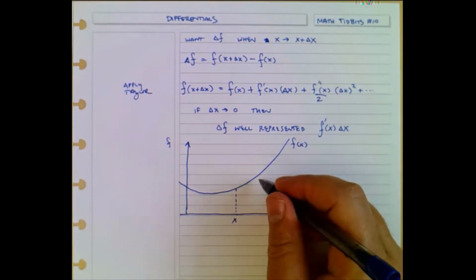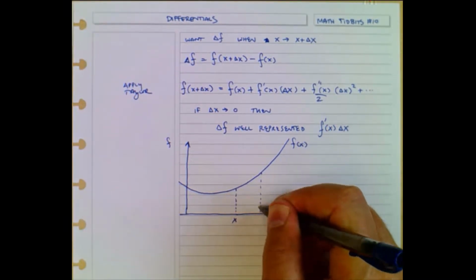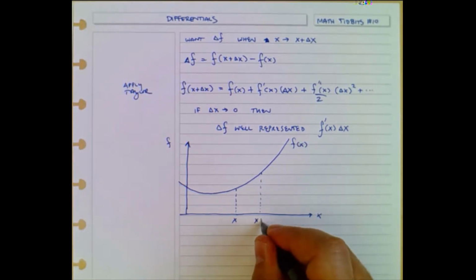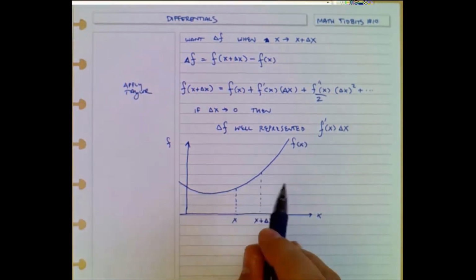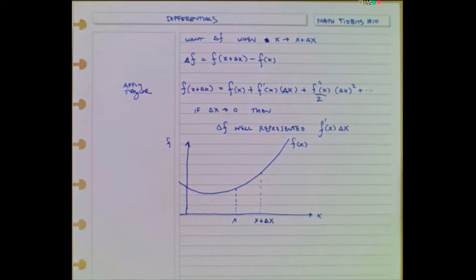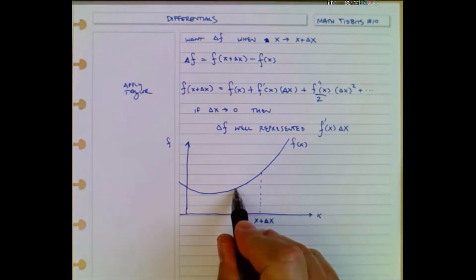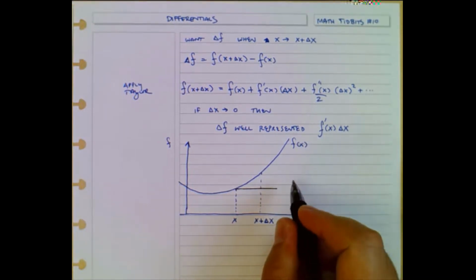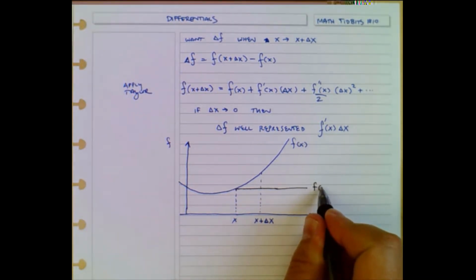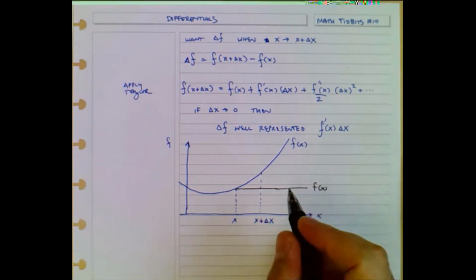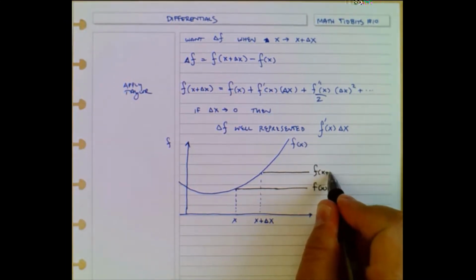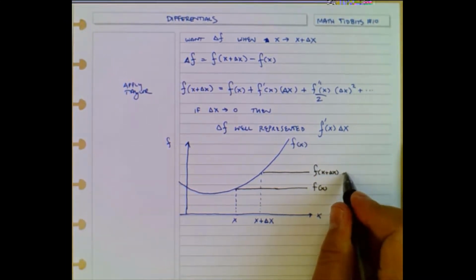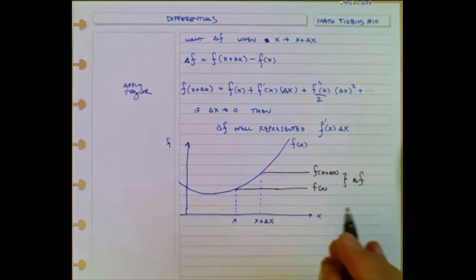And we want to know what happens to f if x becomes x plus delta x. So if we want to be exact about it, here's f at x, and here's f at x plus delta x, and the difference between those is delta f.